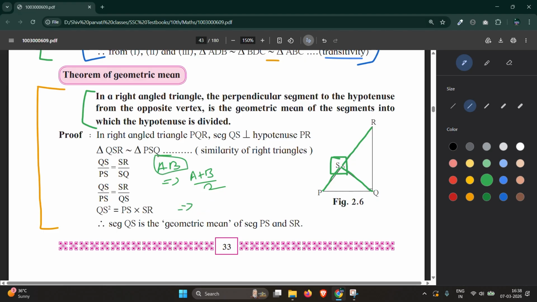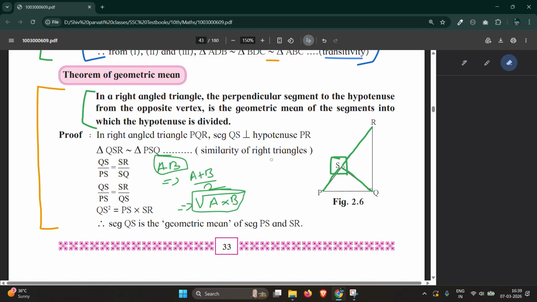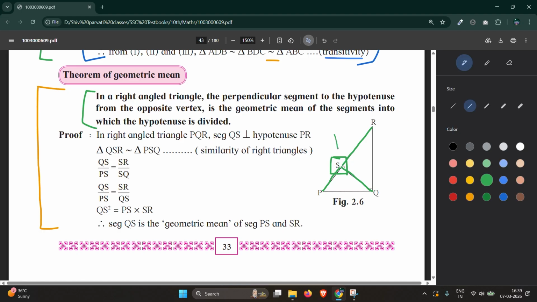So the geometric mean for the same two values A and B would be the square root of A into B. So that is what the geometric mean is. So what this theorem says is that this point S, where we draw the altitude such that it is perpendicular to PR and touches the point Q, is going to be the geometric mean.